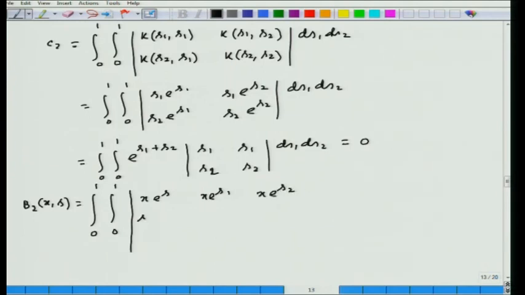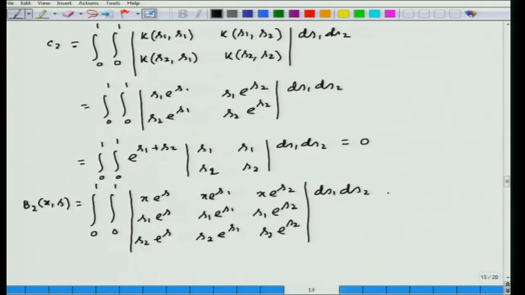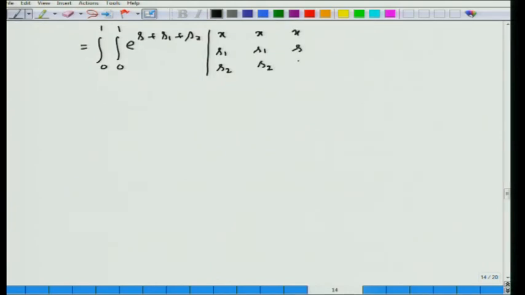Then second row will be s1 e to the power s, s1 e to the power s1, s1 e to the power s2, and third row is s2 e to the power s, then s2 e to the power s1, and then s2 e to the power s2, with respect to ds1 ds2, and you can write this is equal to integral 0 to 1 integral 0 to 1 e to the power s plus s1 plus s2 multiplied with determinant first row x s1 s2, second row x s1 s2, third row x s1 s2.